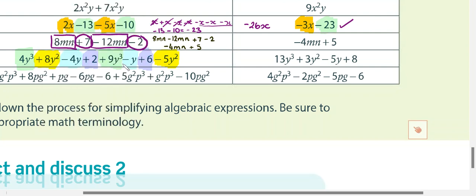Yes, 4y cubed plus 9y cubed does in fact make 13y cubed. Does 8y squared minus 5y squared make plus 3y squared? Yes, it does. Does negative 4y minus another y make minus 5y? Yes. And then 6 plus 2 plus 6 makes a positive.